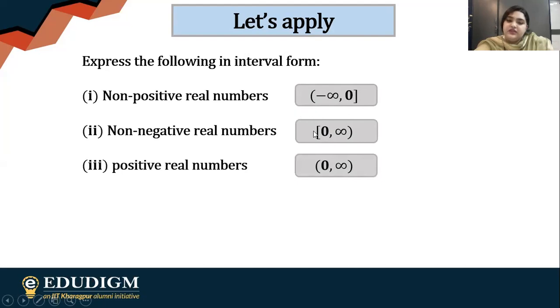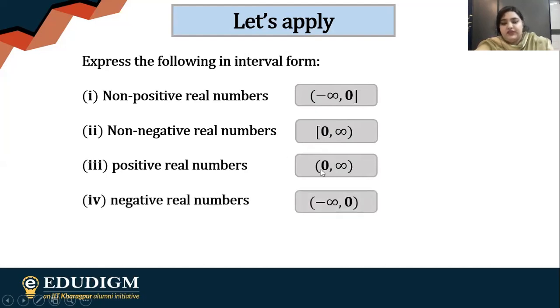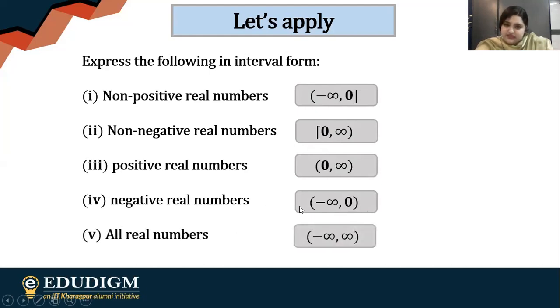For positive ones, as you can clearly see, we have only included the positive ones but not 0. Similarly, for negative, there's a strict inequality going on, and for the entire real numbers we have minus infinity to infinity. So remember that an interval is nothing but a subset of the real line. These are very important for representing different sets. So let's get comfortable with this idea and also see how we can represent it in different forms. In the next concept, when we talk about domain and range, it's going to be very important. So learn them and stay tuned for our next lesson.